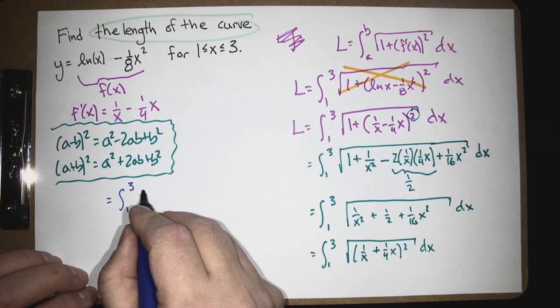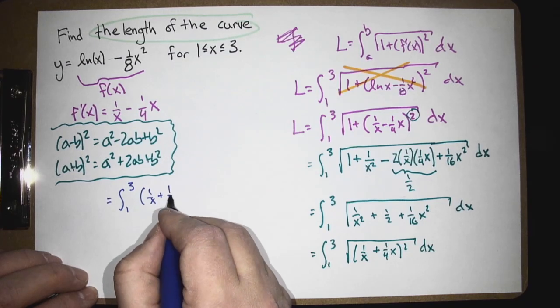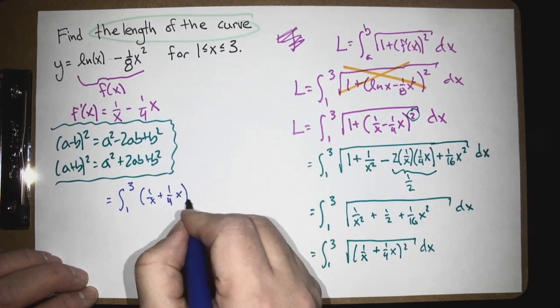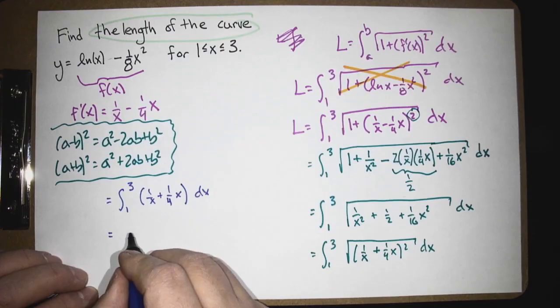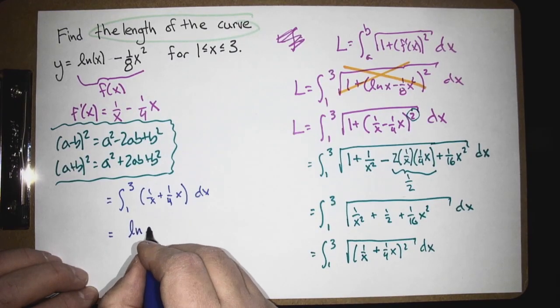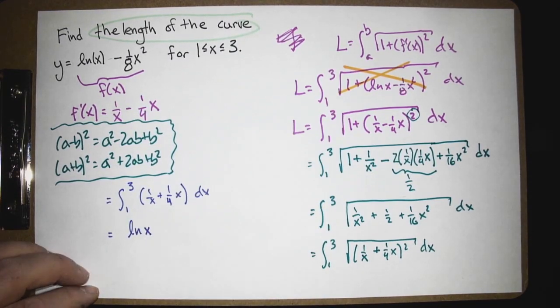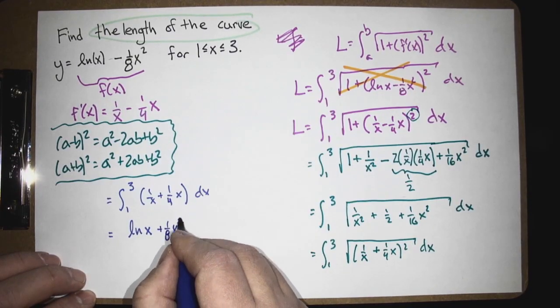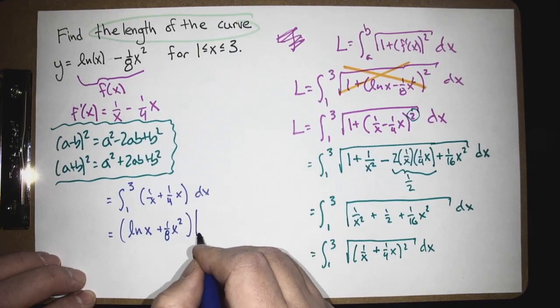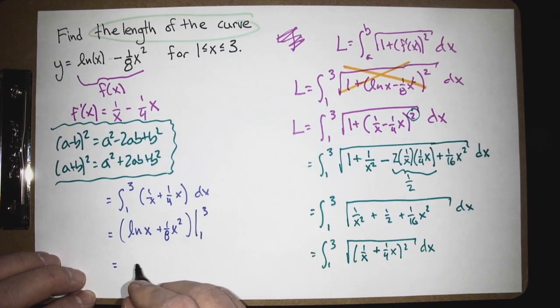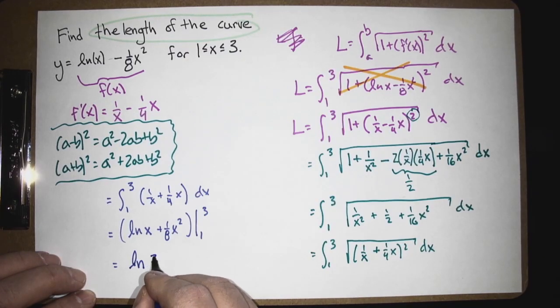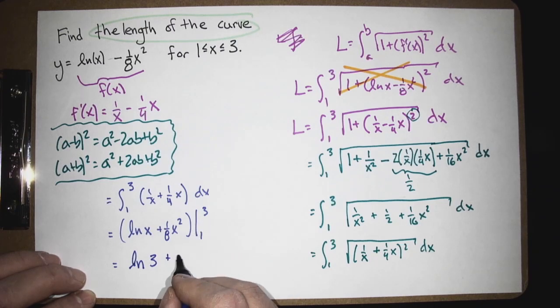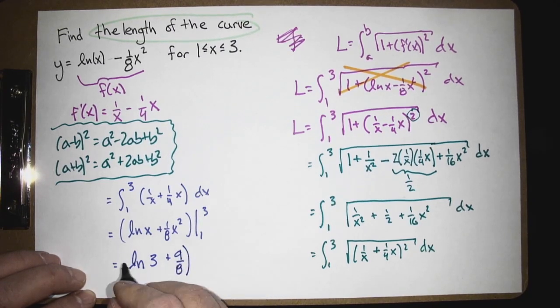All right, so integral 1 to 3, no square roots to be seen. 1 over x plus 1/4 x. What's the integral of 1 over x? Log x, good. Integral of 1/4 x. 1/8 x squared. And evaluate 1 to 3. Natural log of 3, very good. 1/8 times 3 squared, 9/8.